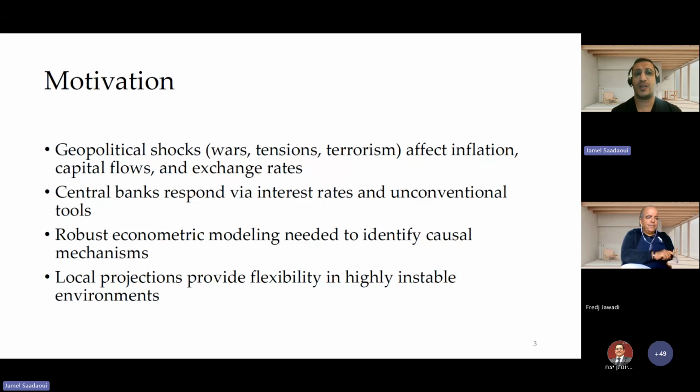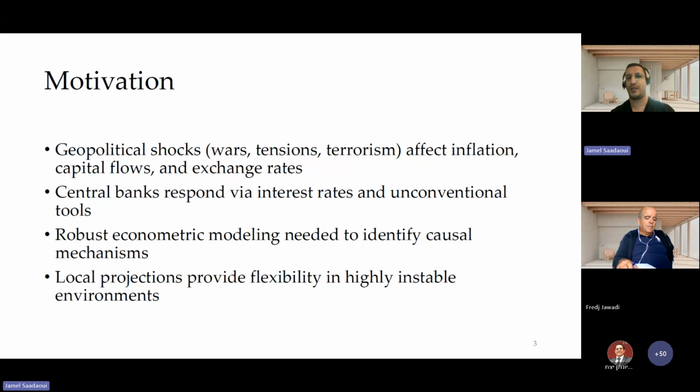What is interesting about the local projection methodology is that recent research by MIT researchers shows that this methodology is robust to something which is everywhere in macroeconomics, misspecification. Misspecification can have various sources.